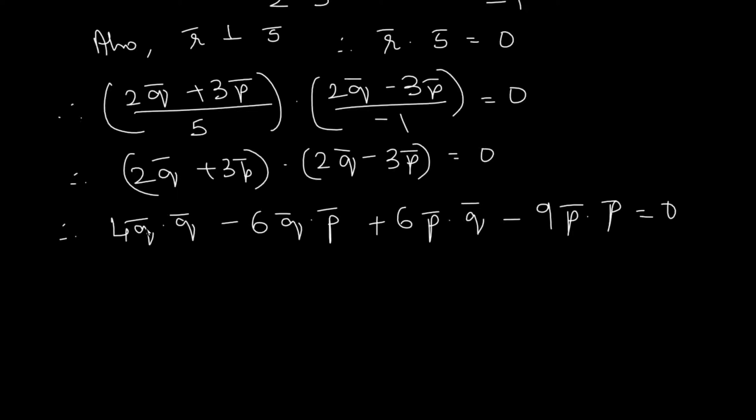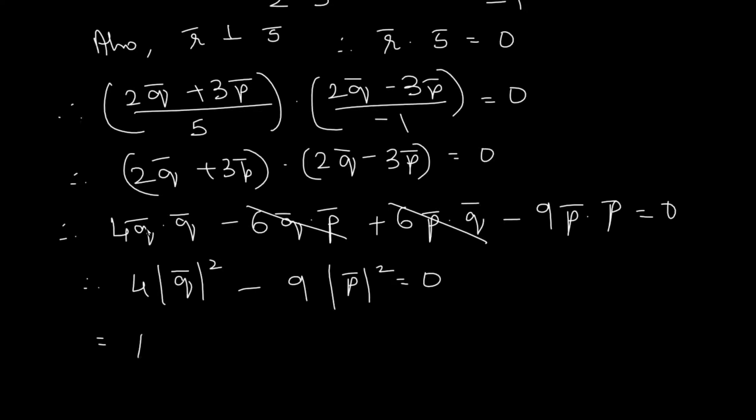Now minus 6 Q dot P and plus 6 P dot Q go away, of course. And therefore we get 4 mod Q square minus 9 mod P square is equal to 0. Or we can write it as 4Q square minus 9P square is equal to 0.